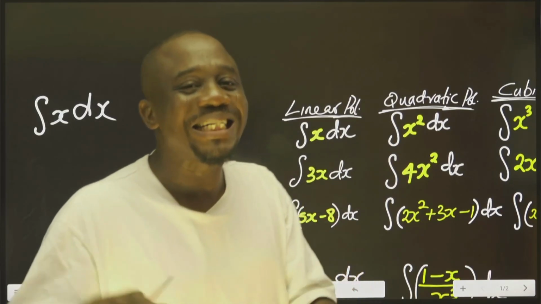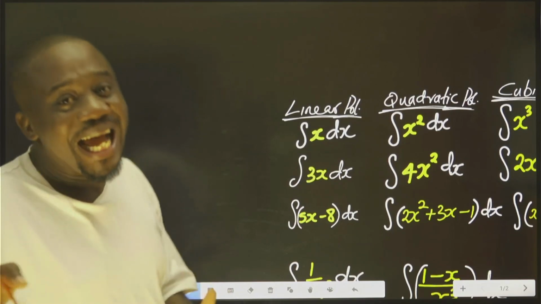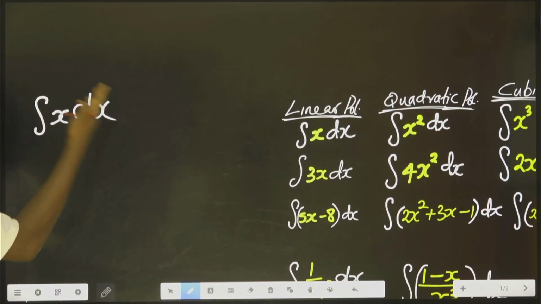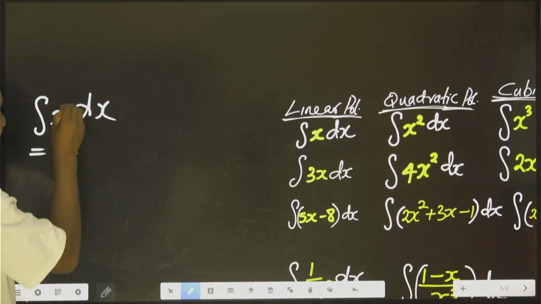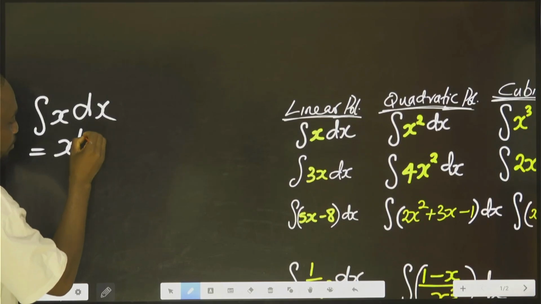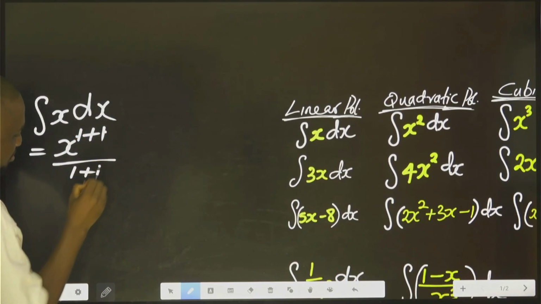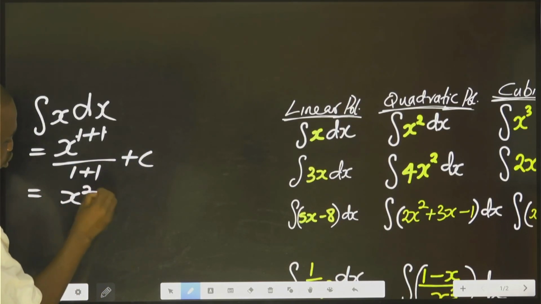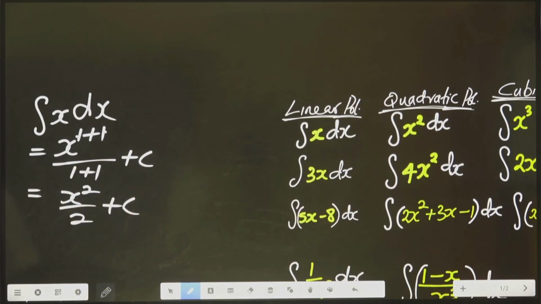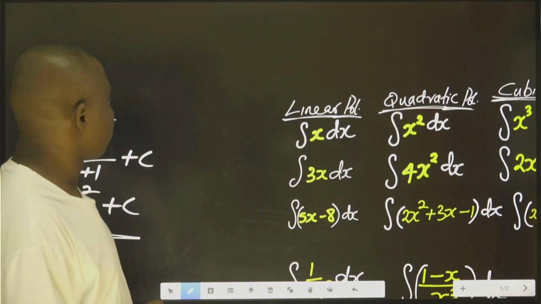Or integrate this, integrate that. So anyway it comes. For this one now, the answer is simply what? x, whatever that is here, which is 1, plus 1 over this plus this, plus c, which is x^2 over 2 plus c. So this is the answer for this first one.